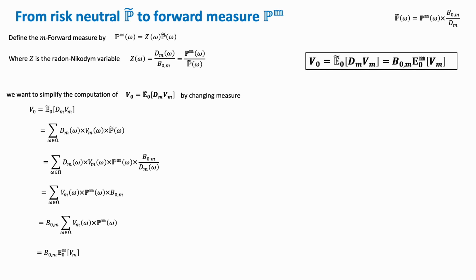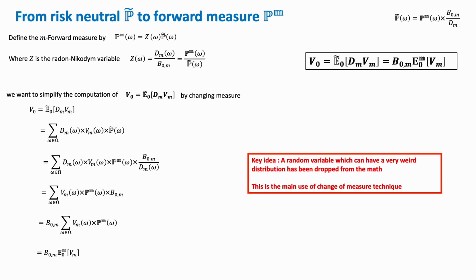And if you look very closely, what we did was we were able to eliminate these two terms. By doing this, we seriously simplified the math that needs to be done, because we removed something that's a stochastic random variable, and the only new thing that entered was a constant, right? This is a very key idea.